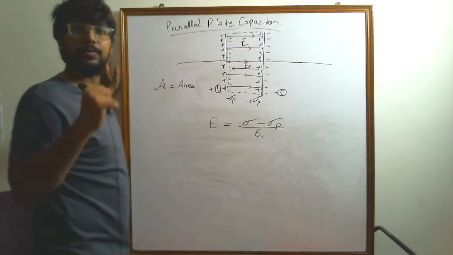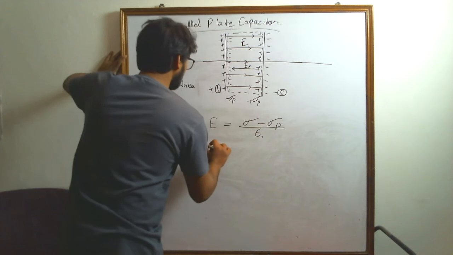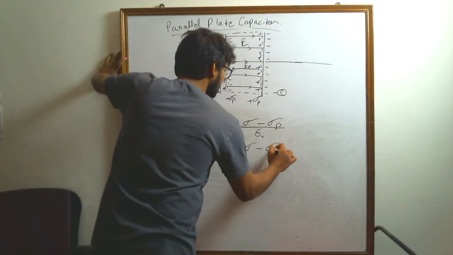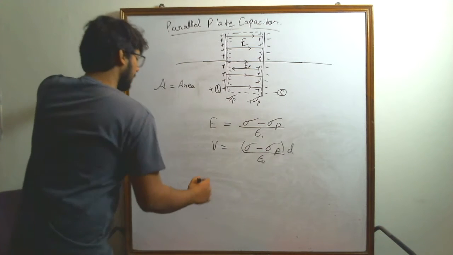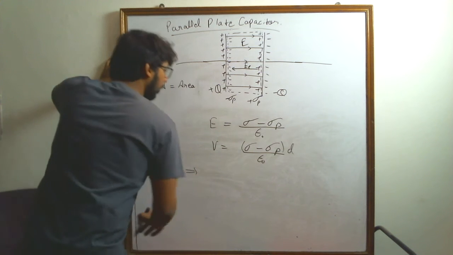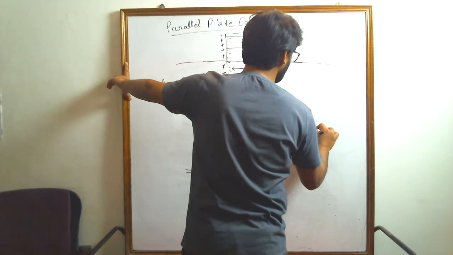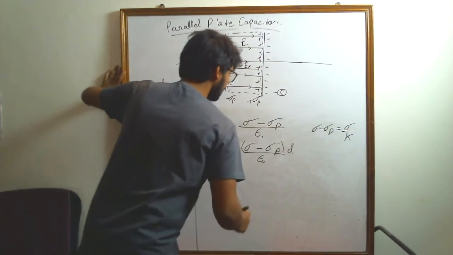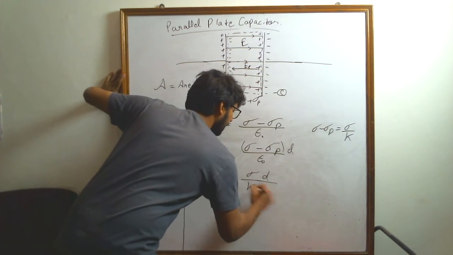This will be the electric field inside the capacitor now. This implies that V, which is the potential, will be equal to sigma minus sigma P upon epsilon naught into D. But this also transforms, since we got sigma minus sigma P equal to sigma upon K, I can replace sigma minus sigma P with sigma upon K into D upon epsilon naught.